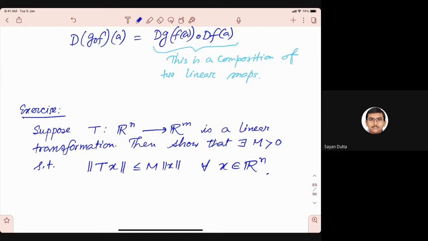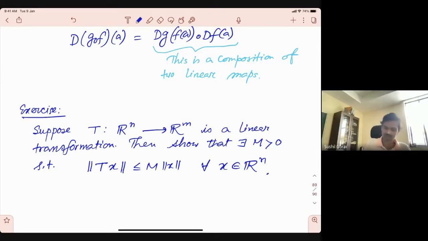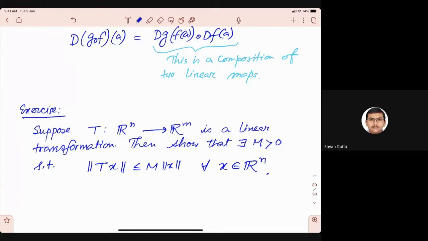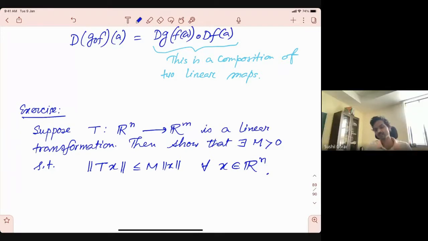You first represent T as a matrix with respect to, let's say, the standard basis.